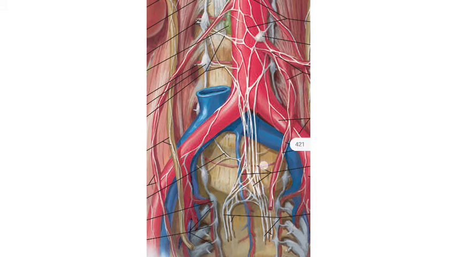The third lumbar splanchnic nerve passes through this region and reaches here. The fourth lumbar splanchnic nerve, arising from the ganglion posterior to the inferior vena cava, passes posterior to the common iliac vessels and joins with the lower part of the superior hypogastric plexus.